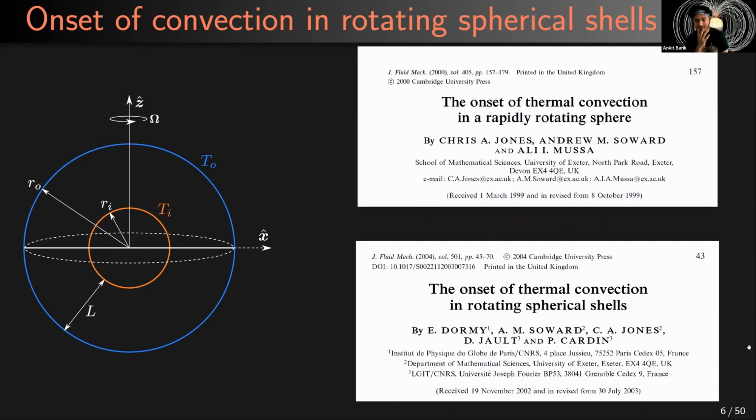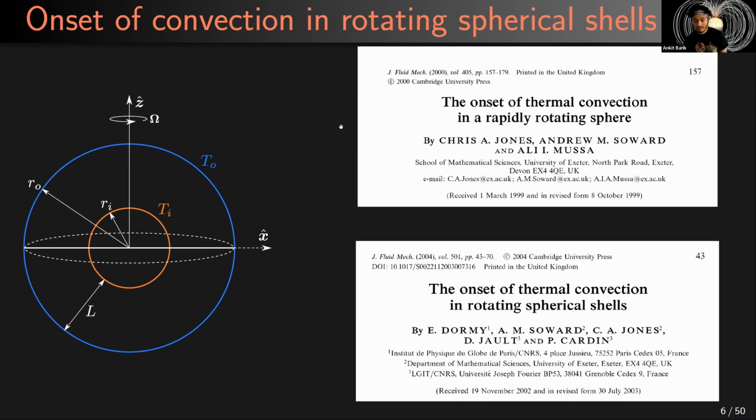In the 2000s, these two studies came out, which really provided a nice global stability analysis that could quantitatively predict onset of convection. The first one, by Chris Jones and others in 2000, focused on a rapidly rotating sphere, not a shell.